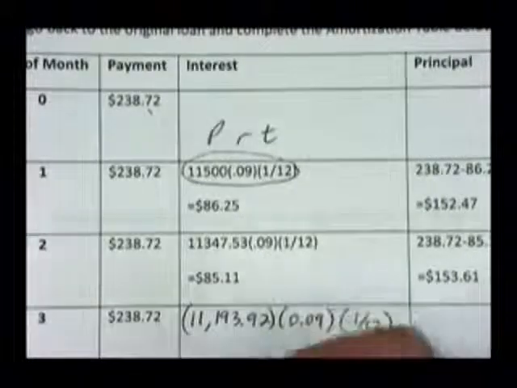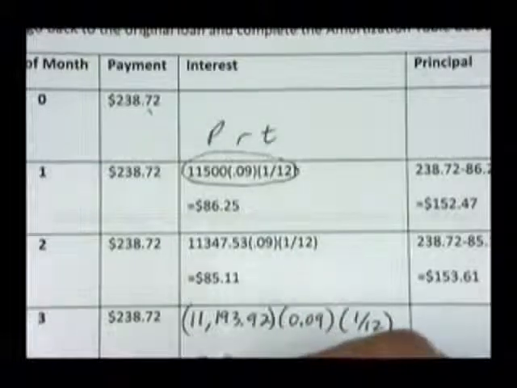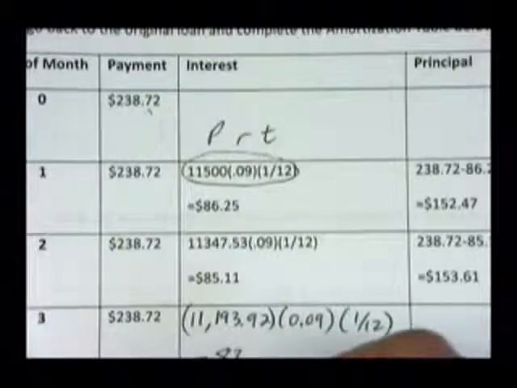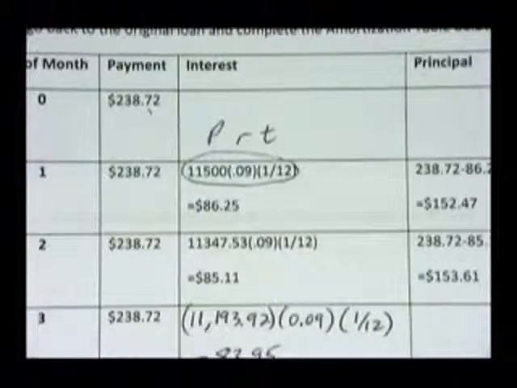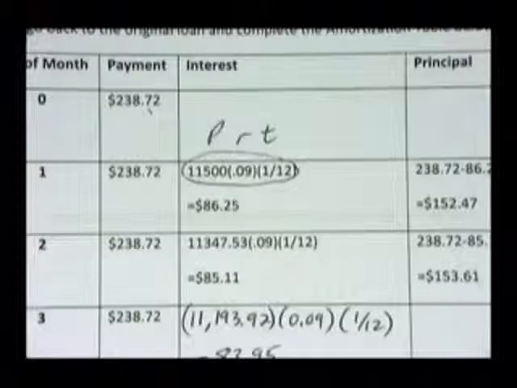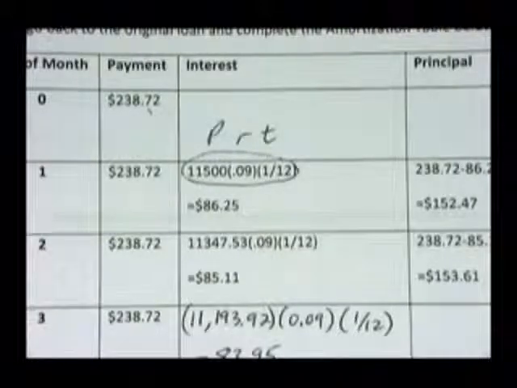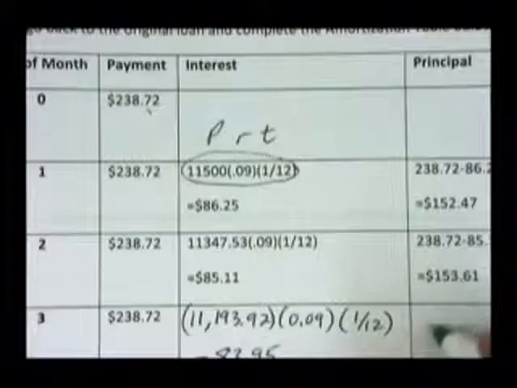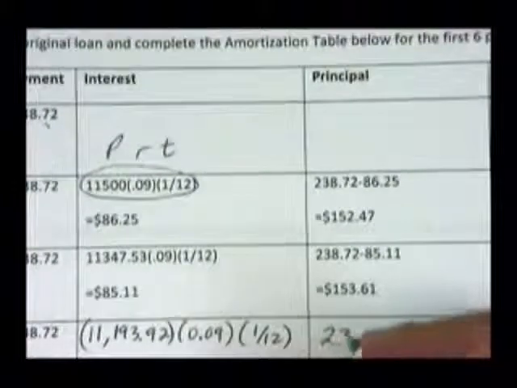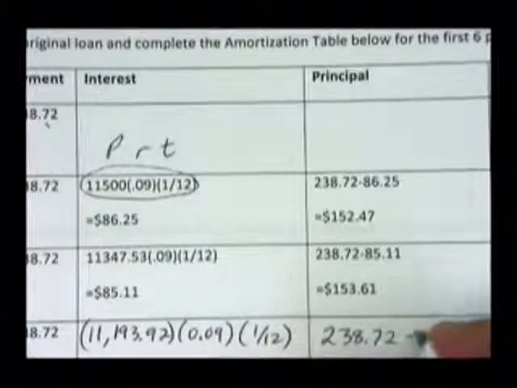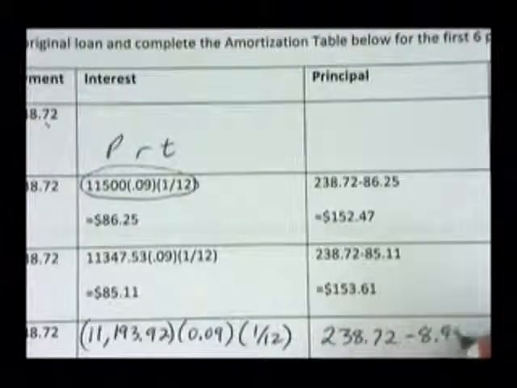And when I did that on the calculator, I rounded it off to the nearest cent, $83.95. So that's how much is going to interest. Okay. Now I can figure out how much is going to principal. So I take my $238.72 minus the amount that went to interest.